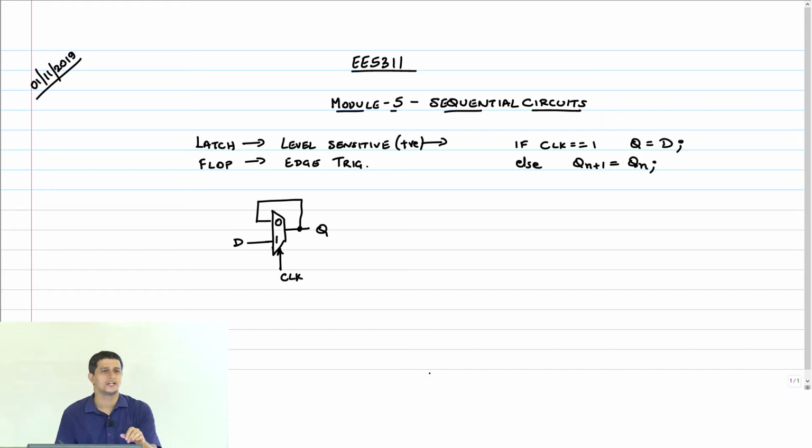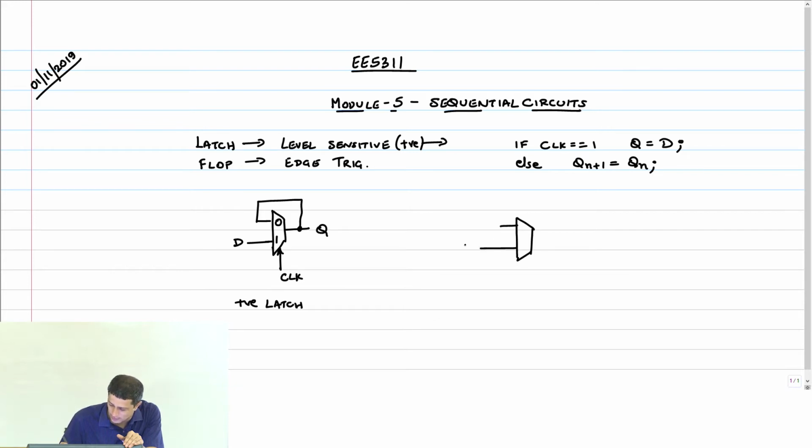Okay. So using this, we now want to construct a flop which is going to be edge triggered. So if this is a latch and it's a positive latch, then the basic idea is you cascade two latches. Let me call this QM.